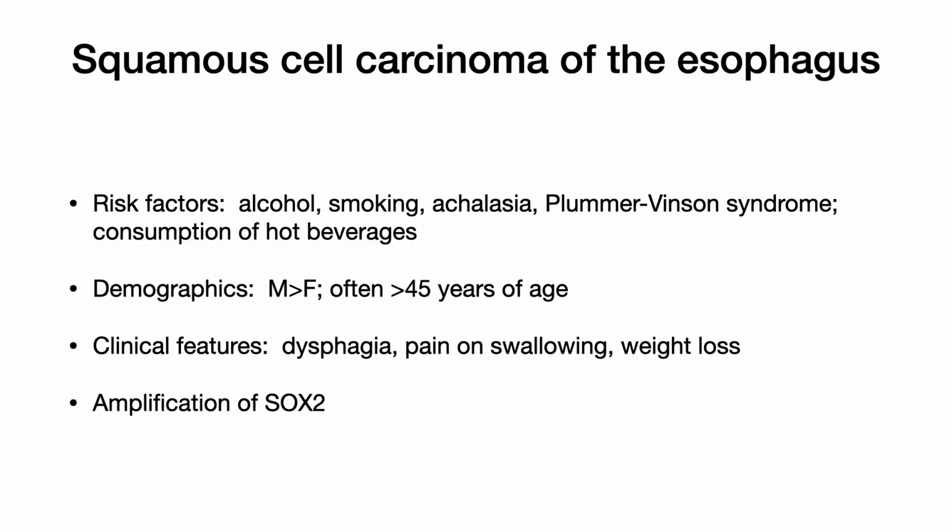I have to be careful because I'm in that range, so I can't call myself too old. Clinical features: dysphagia, again, just difficulty swallowing because of the mass itself, stricturing, potentially pain associated with it, and then weight loss, probably difficult to eat enough nutrients, and also the cancer is going to take nutrients of its own. And then this one talks about the amplification of the SOX2 gene.